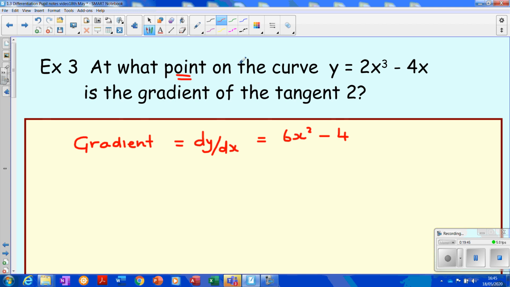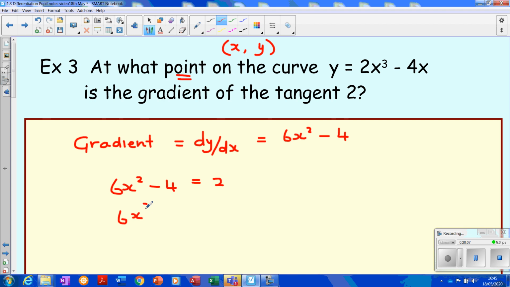Now they're asking me to find at what point, so that really is, I want to work out the x number and subsequently the y number. But they're telling me that this gradient of the tangent is 2. So they're telling me that 6x squared minus 4 is equal to 2. So now I've got a wee equation I want to solve to find out what the x number is.